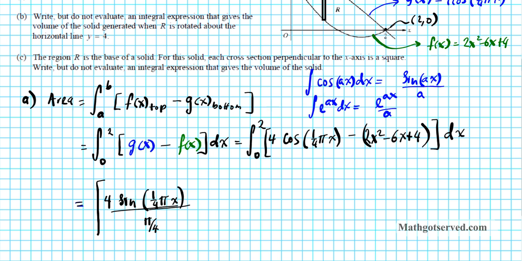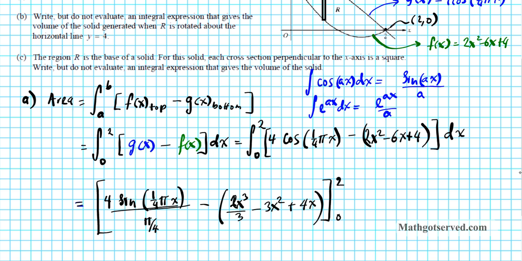So that's the antiderivative of the first term. Minus, term by term integration here. The antiderivative of that expression is going to be 2x to the third over 3 minus 3x squared. This is 6x, if you integrate this, it's going to be 6x squared over 2. 2 goes into 6 3 times, plus 4x. And then we're evaluating this from 0 to 2.